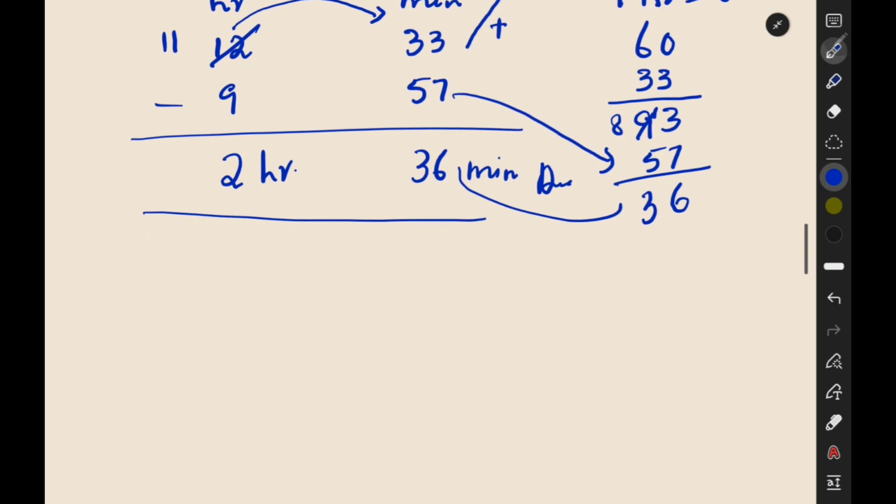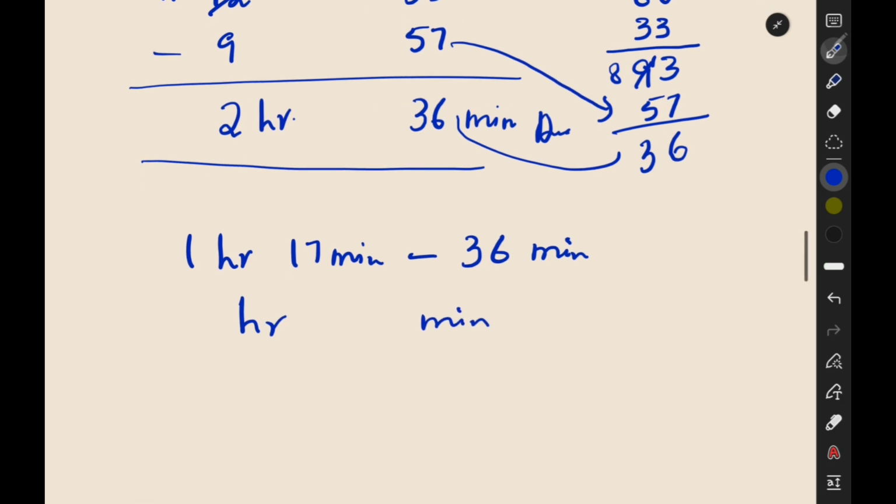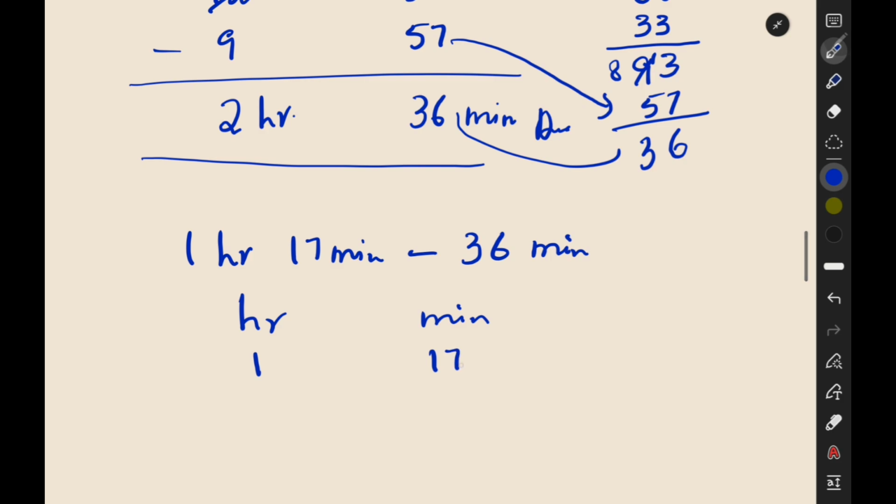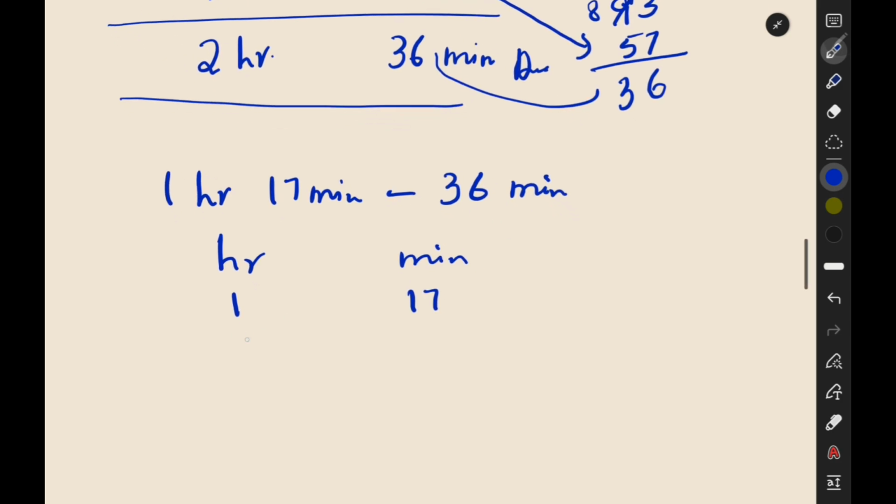One more example of subtraction is 1 hour 17 minutes minus 36 minutes. Here you see we have hour and minute on this side, but on the other side we have only minutes. So again we write in the same way hour and minutes, and we write 1 hour 17 minutes, and here we do not have hours, so we write 0 here and 36 minutes.